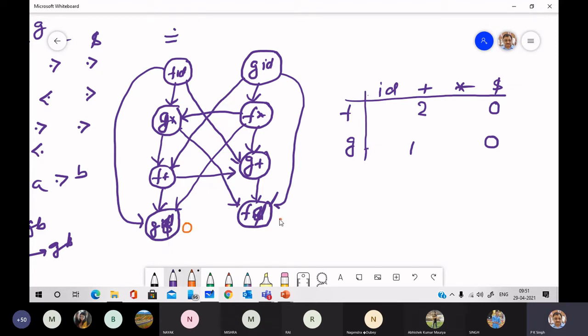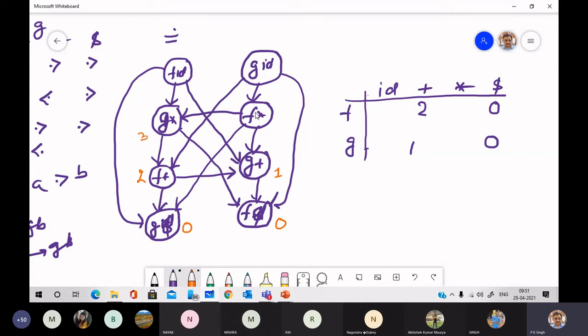We have computed 0, here the longest path is 1, here the longest path is 2. If you use this path, it will become 3.